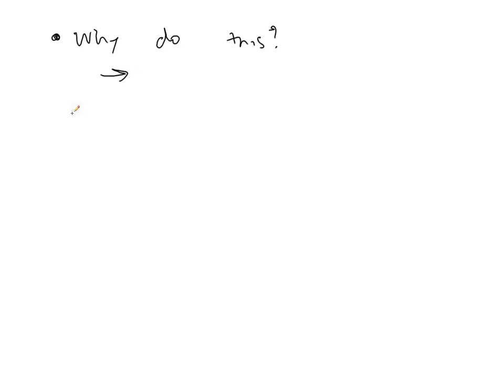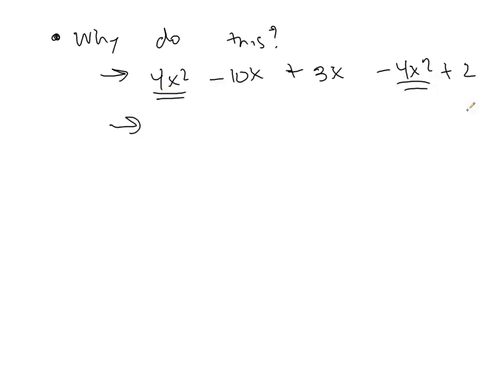When we have a messy expression like 4x squared minus 10x plus 3x minus 4x squared plus 2, we can see that it has quadratic and linear components. But in reality, I had 4 copies of x squared and I removed 4 copies of it, so I have 0 x squareds left. We would say those cancel out. I have a deficit of 10, but then I add 3, so I only have a deficit of 7 copies of x.